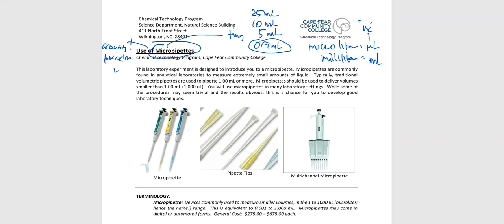All right, so what do micro and milliliter have in common? Well, 1 milliliter is like 20 drops of stuff. If you think visually about 20 drops, that is a pretty good estimate of what 1 milliliter is all about. That amount of volume is equal to 1,000 microliters.